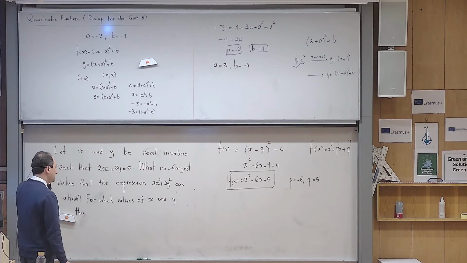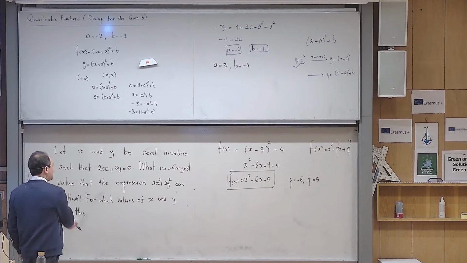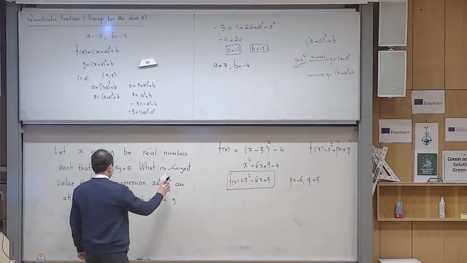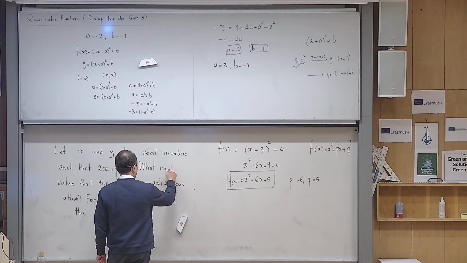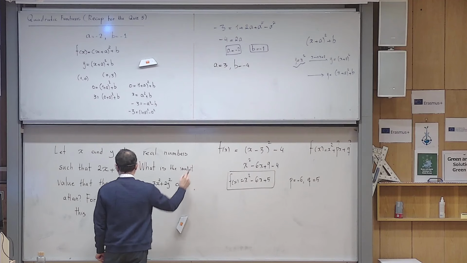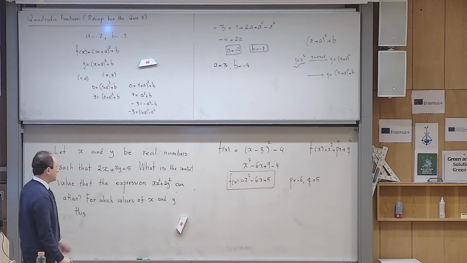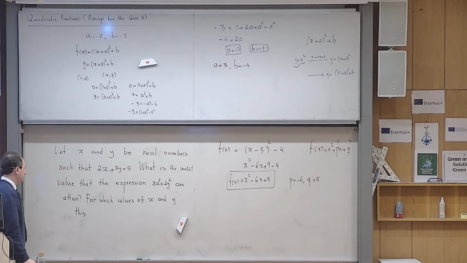So let me see if there is a maximum or a minimum to this function. So it is not a maximum. We want, what is the smallest value that the expression 3x squared plus 2y squared can attain?